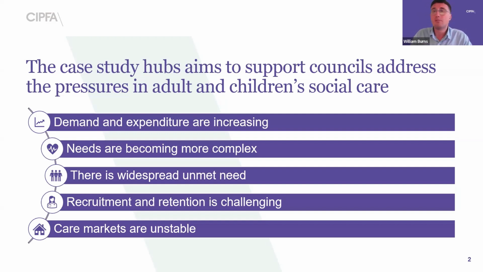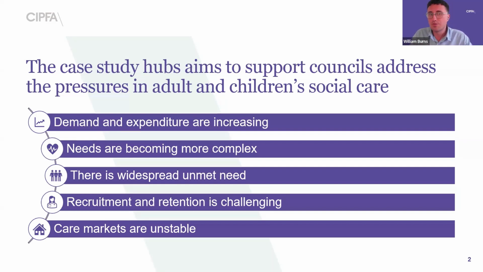And we also know that care markets across both adult and children's social care are unstable. The government's National Risk Register from 2 years ago included widespread adult social care market failure as a risk to the UK's well-being and security. That was the first time that had featured on that risk register, which speaks to the importance of that risk.